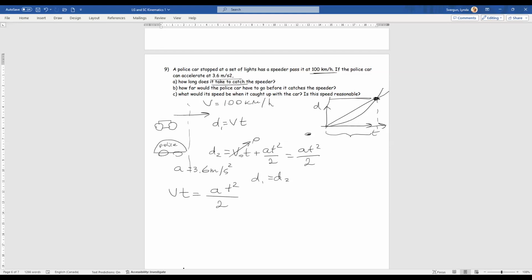Because you have acceleration in meters per second squared, you change 100 kilometers per hour into meters per second. Do you remember how to change? What do we do with that coefficient, 3.6? From kilometers per hour into meters per second, you need to divide by 3.6. So 100 divided by 3.6. What are you getting? Tell me.